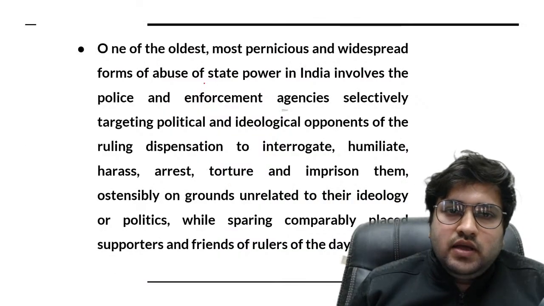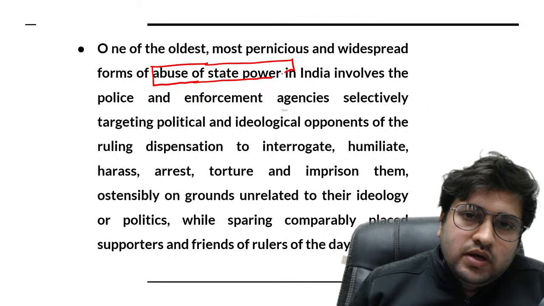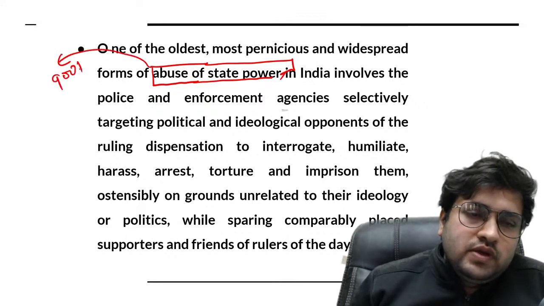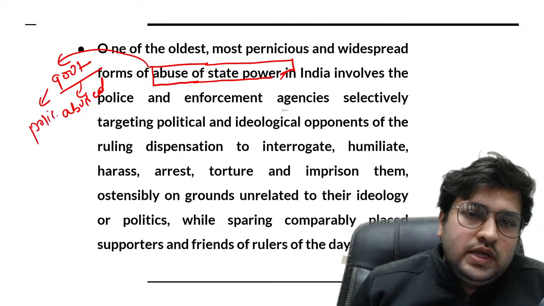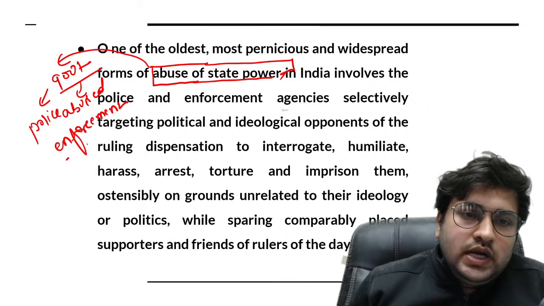We can say we have on many occasions observed the abuse of state power in India. There are powers with the government itself, and there is also a possibility that this power can be abused. Sometimes agencies like police or other enforcement agencies can be used to carry out selective prosecution.